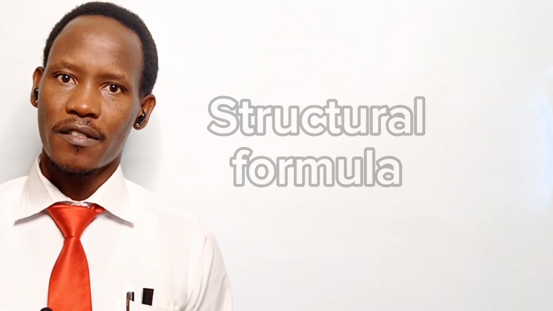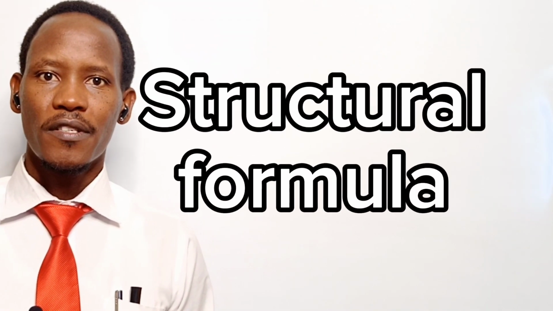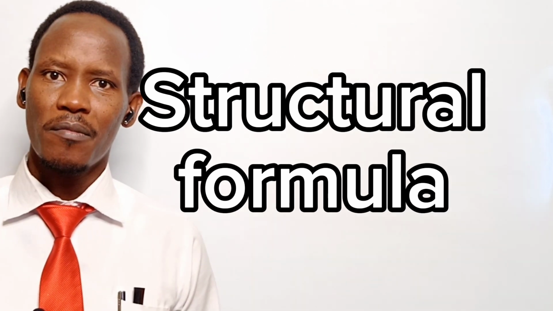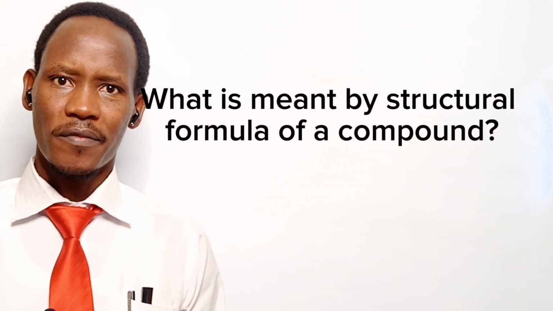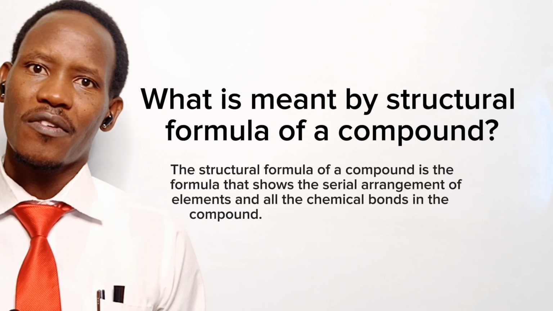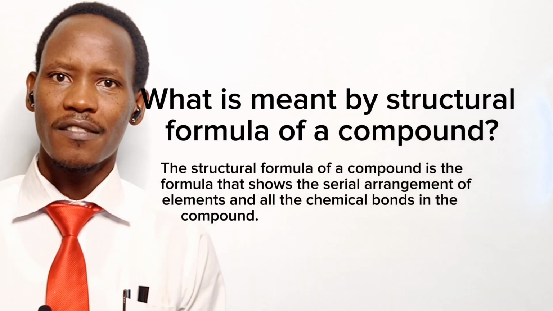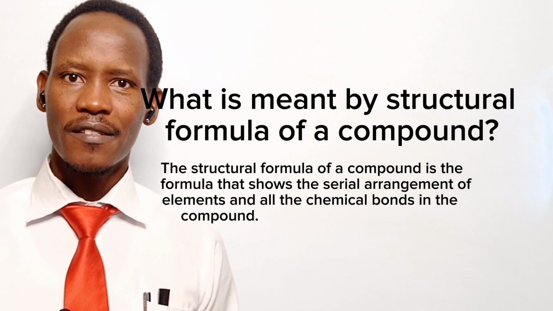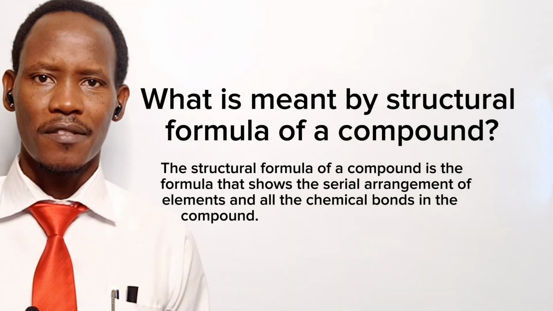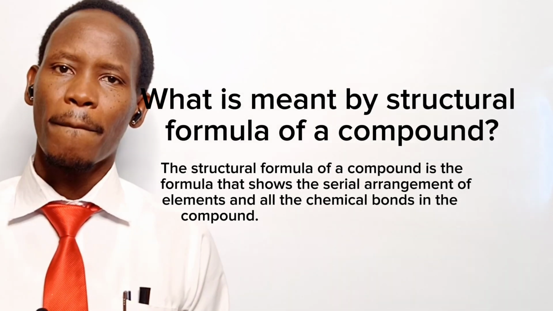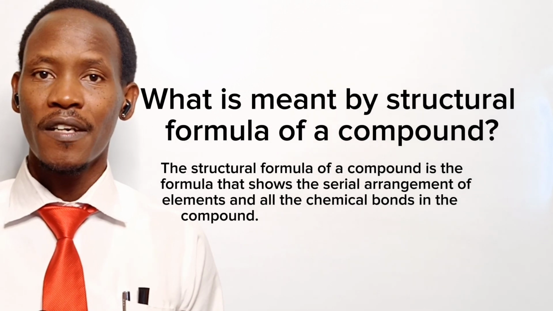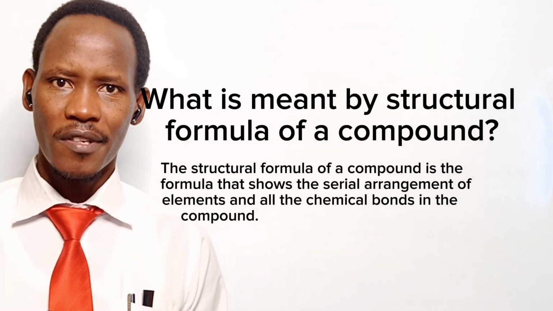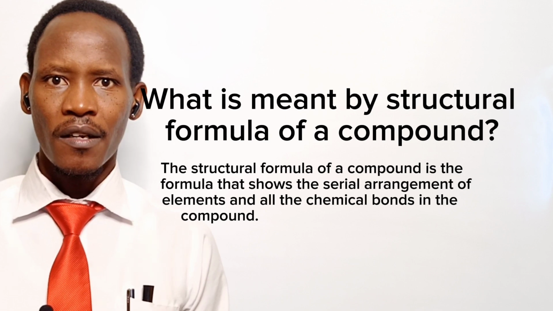And this therefore takes us to the second method, which is structural formula. What do we mean by the word structural formula? A structural formula of a compound can simply be defined as the formula of a compound that shows the serial arrangement of elements in the compound, the bonds in the compound, and the exact location of the functional group in the compound.